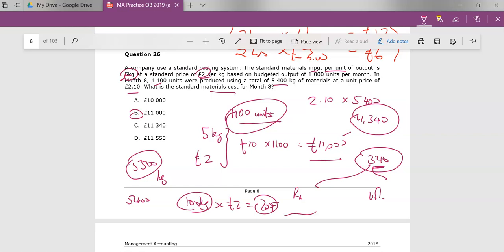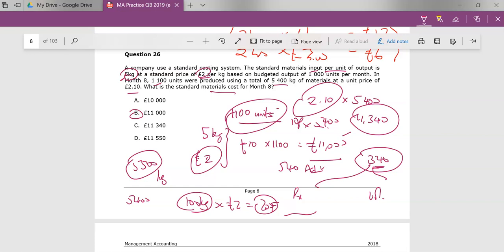And we can carry on, and you do the same thing with price. Subtract 2, and you have 10p, and you multiply that by the actual number of kilograms bought. You paid 10p more, so 0.1 times 5,400 gives 540 adverse.